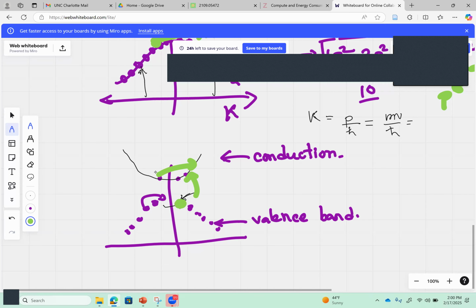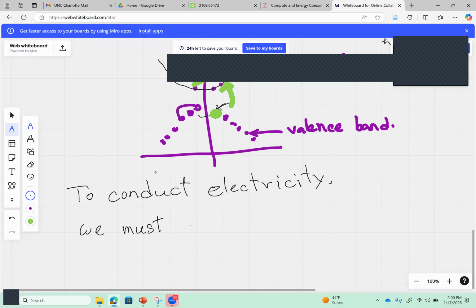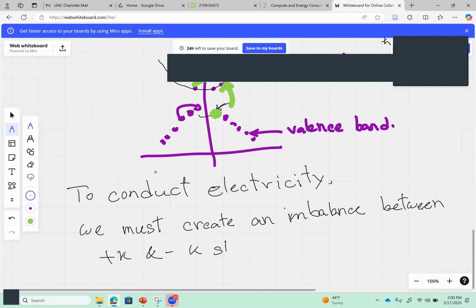All right, so let me write it down: in order to conduct current or electricity, first of all, we must create an imbalance between positive K and negative K states. Because positive and negative K means positive and negative velocity.